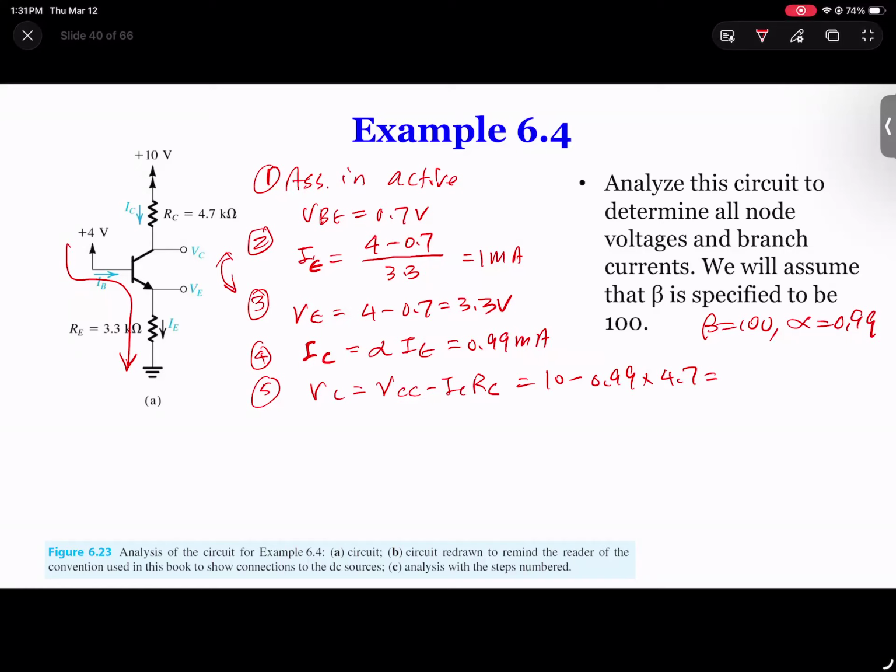It's almost like 5 volts, right? 5.347. Okay, that's good. So our VE is 3.3. Now we're going to do VCE. VCE is VC minus VE, 5.35 minus 3.3.